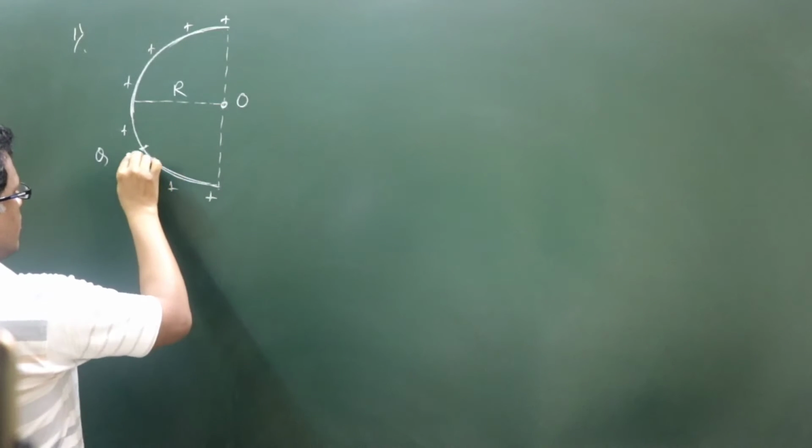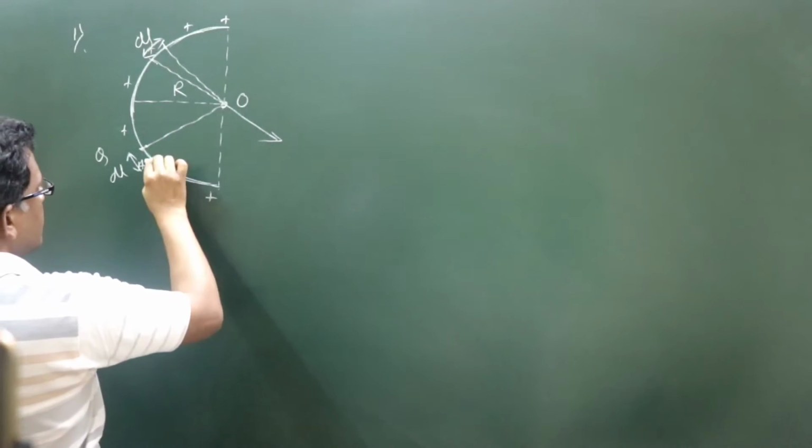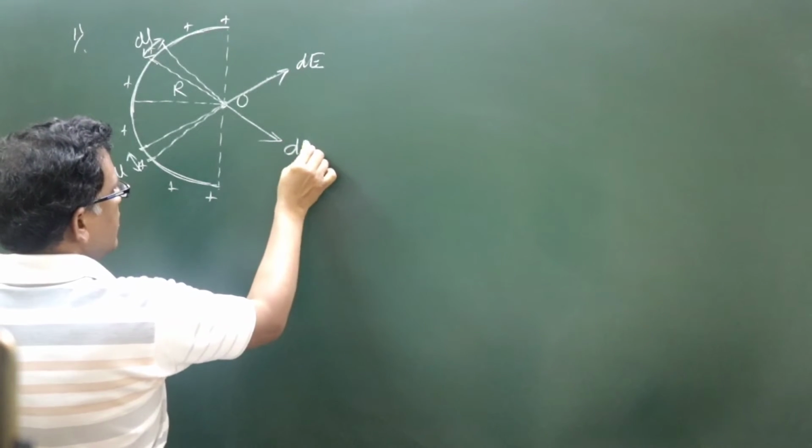The effect we can consider like this, taking two small elements of length dl each on either side at symmetrical positions, such that the charge on the dl element will exert a repulsive force. These are dE each, right?